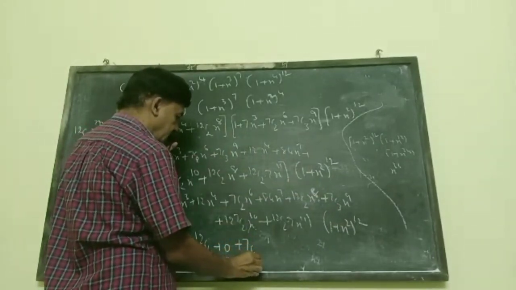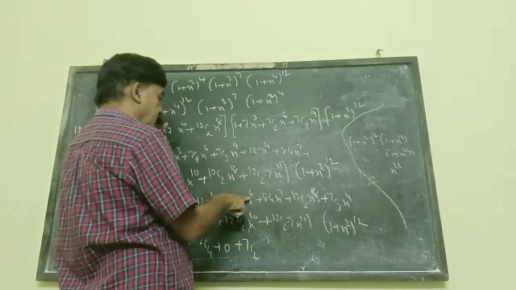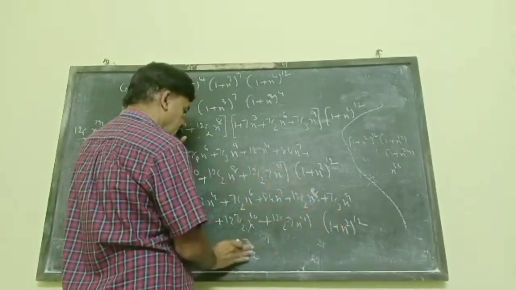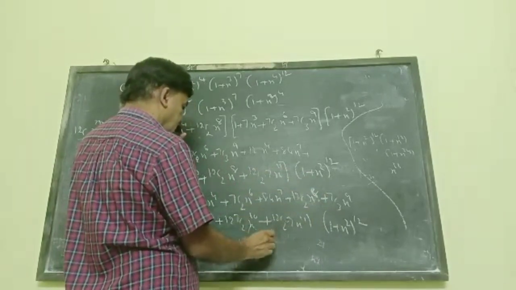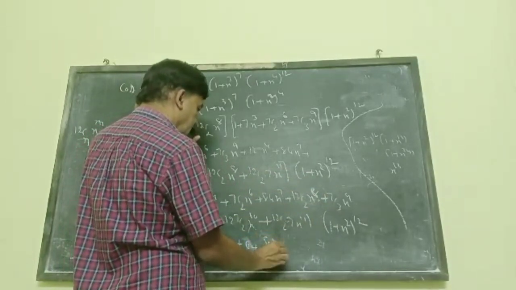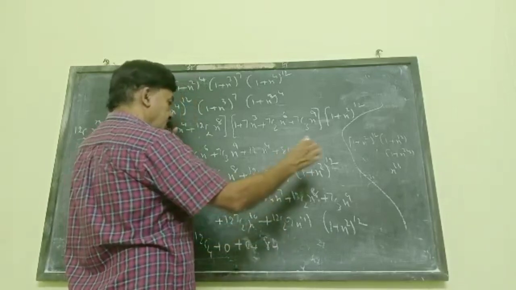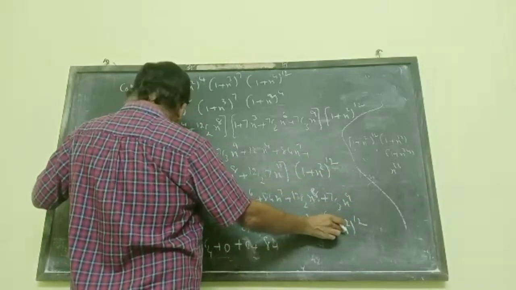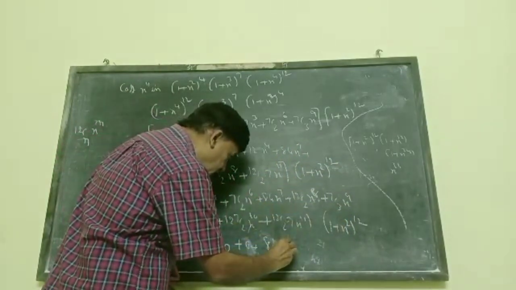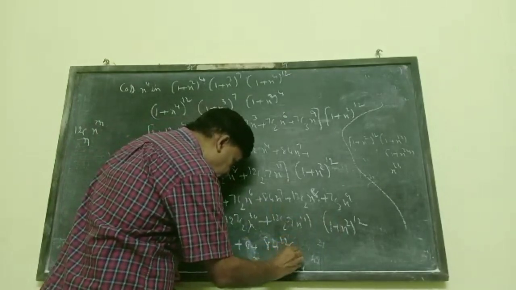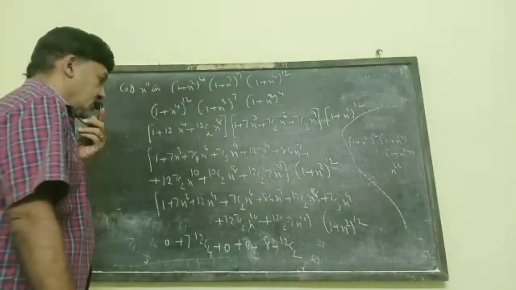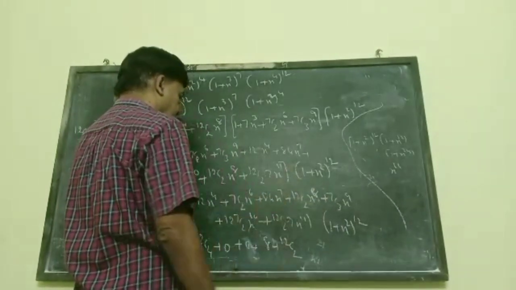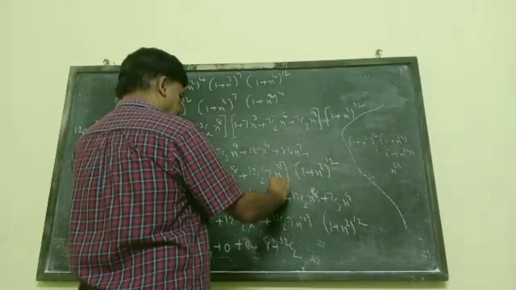Plus 7C2 into x⁶ into x⁵, impossible. This is also impossible. Next, 84 into x⁷ into x⁴. x⁴ possible. 2r is equal to 4 means r is equal to 2. So 84 into 12C2, this is okay.